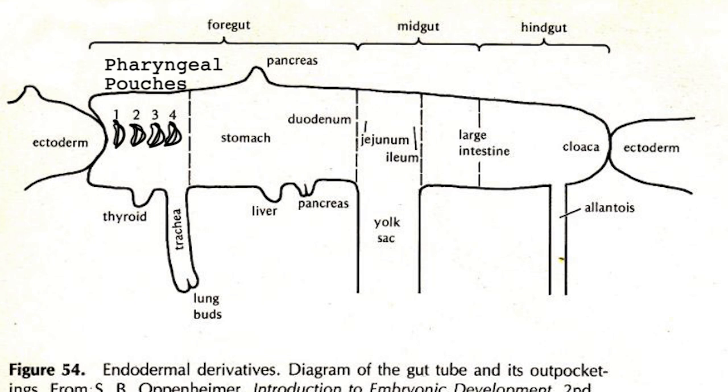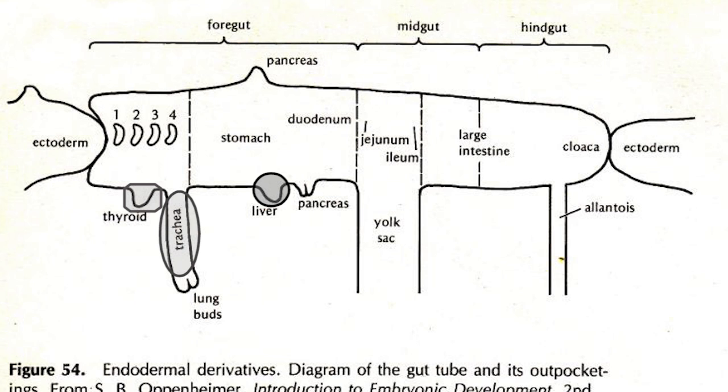And you also notice in figure number 54 that there are other components of the endoderm that are not just part of the tube. You have the thyroid developing, you have the trachea, which will develop, the liver, the pancreas, and the yolk sac, which is an outpocketing of the endodermal tube.